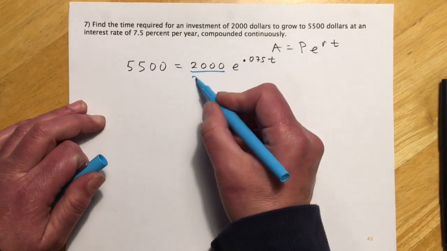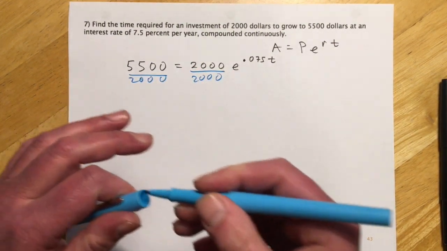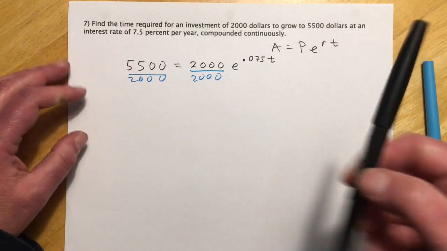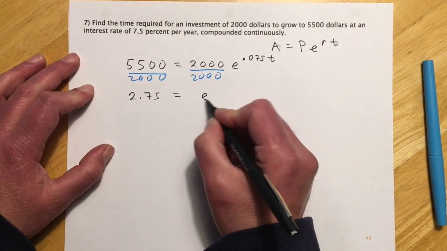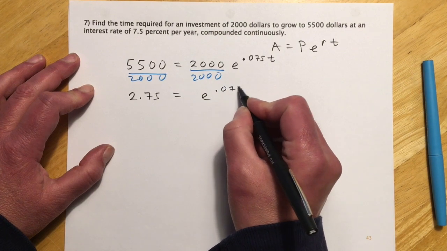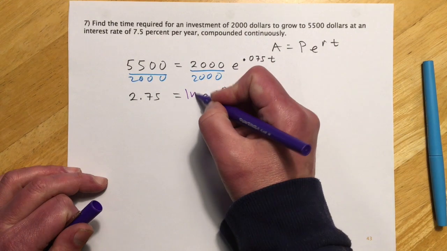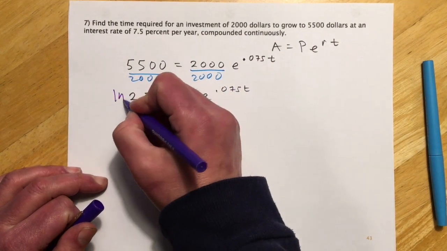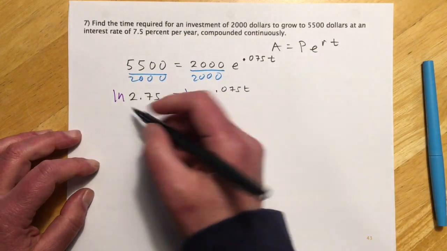And then here we'll just divide over the 2,000. And that will give us 2.75 equals e to the 0.075t, and then natural log both sides, and this time definitely because of the e. And this comes down front.